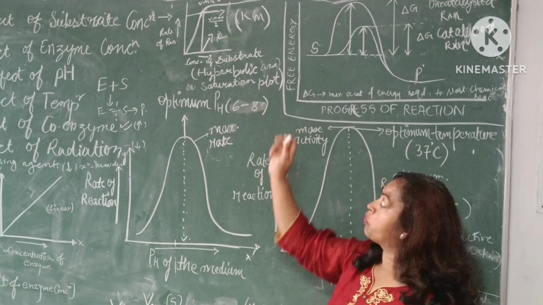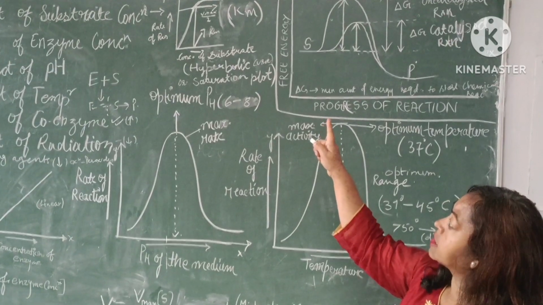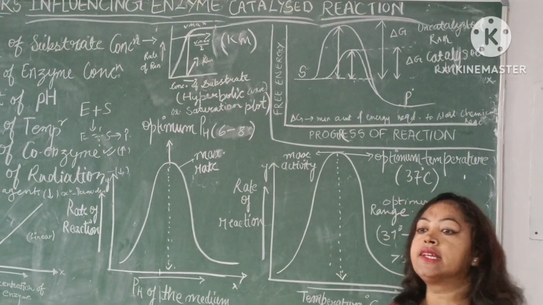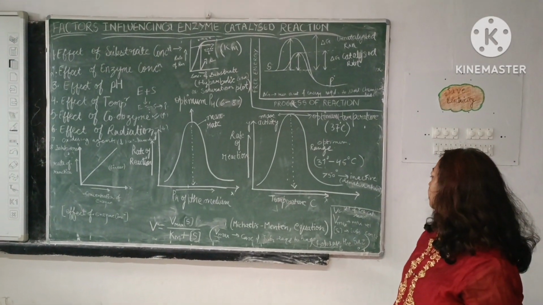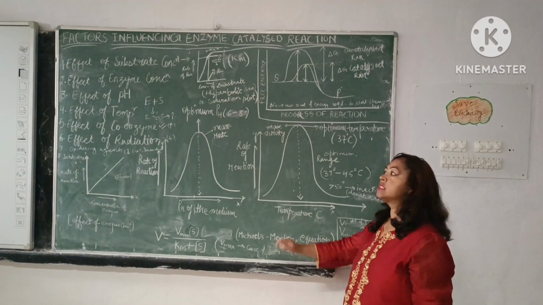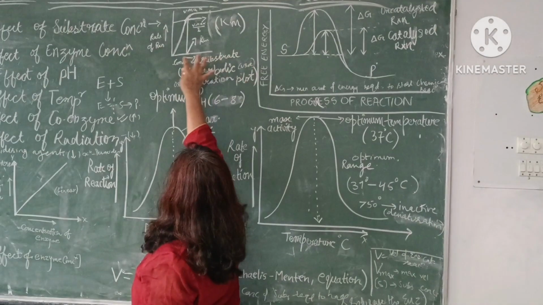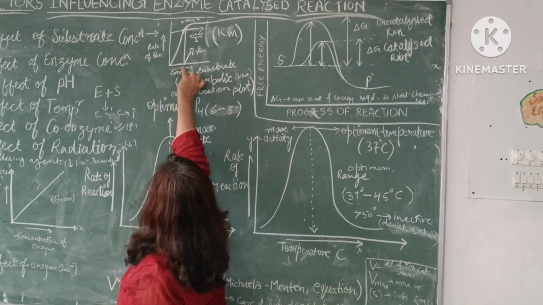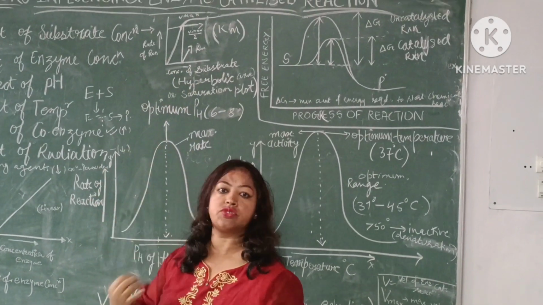Then we reach a point which is showing you Vmax upon 2. Actually it is the concentration of substrate required to half saturate the enzyme. That means this is the concentration of the substrate and this much is the Vmax upon 2. This much is the concentration required to half saturate the enzyme.